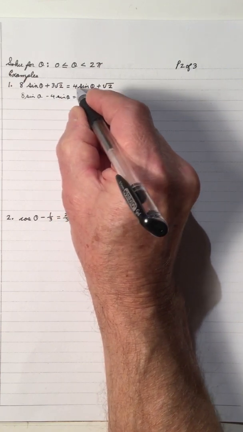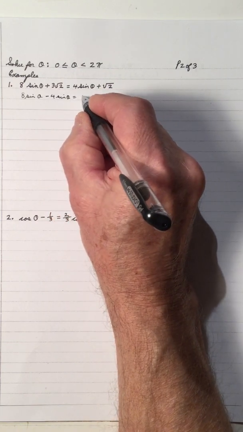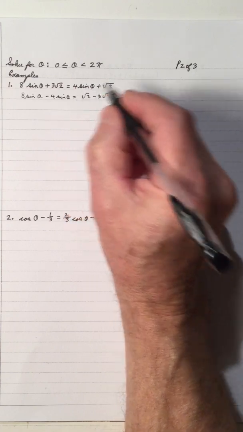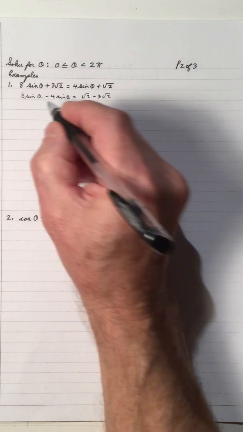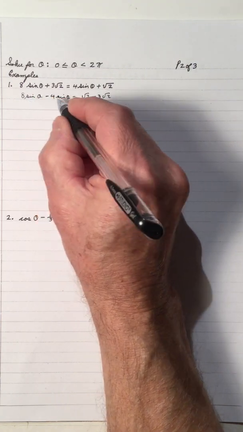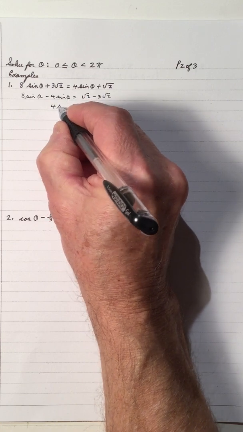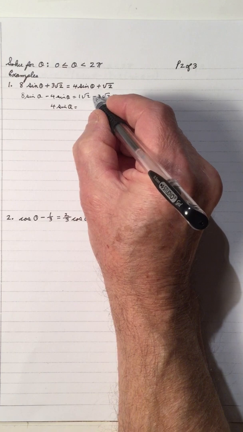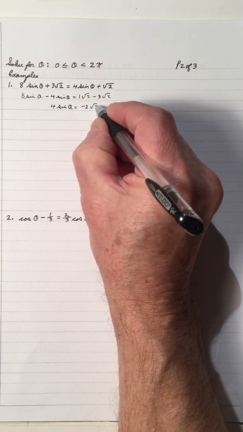When we do, the 4 sine theta becomes a negative, and the constants go on the right, and when you move them, we make them the opposite, make it a minus. 8 sine minus 4 sine is 4 sine theta. And root 2 minus 3 root 2, like terms, is negative 2 root 2.